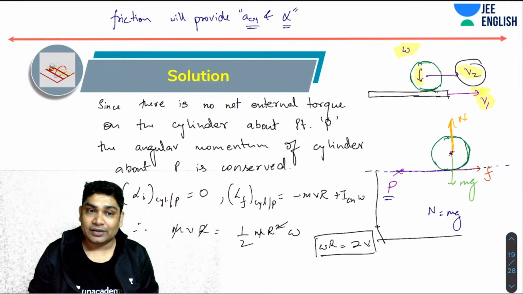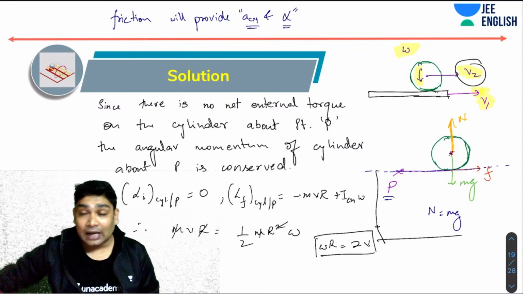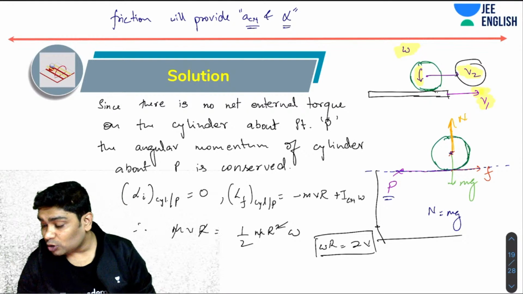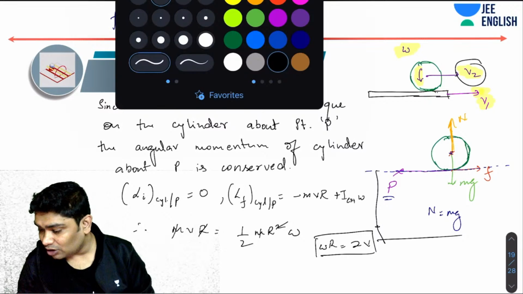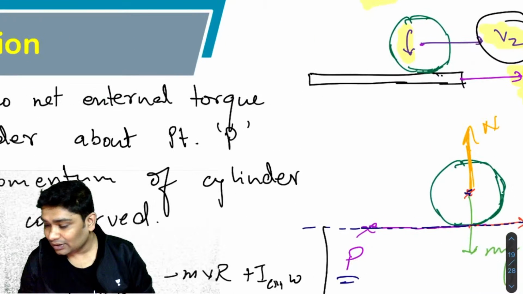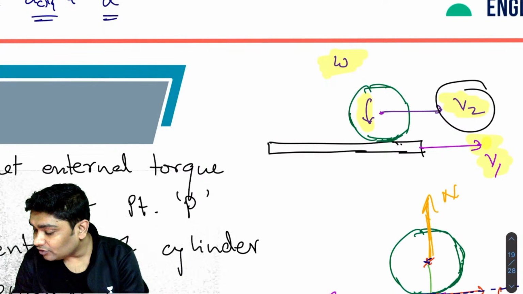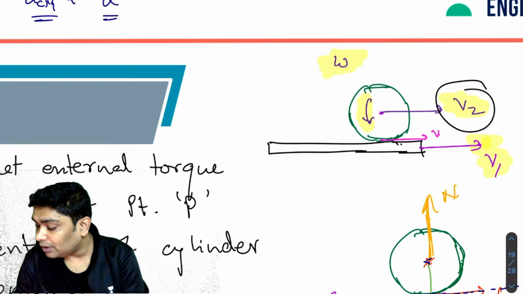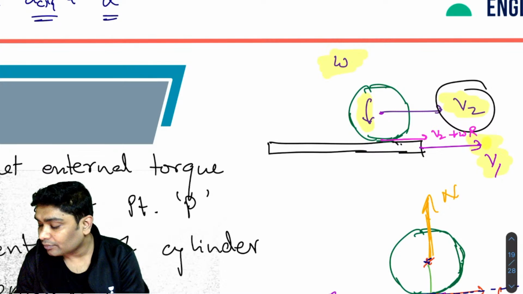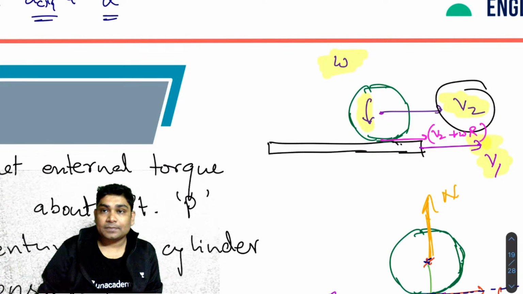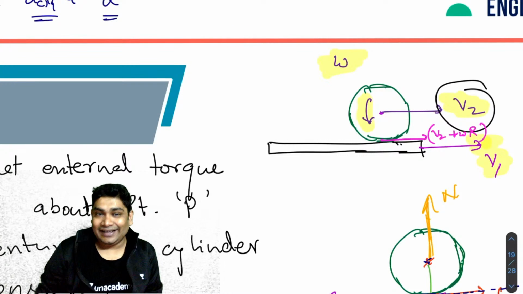Omega r is 2v. Now, how about the velocity of the bottommost point? Let's focus on the bottommost point now. What is its velocity? How fast is it moving? Its velocity will be v2 plus omega r. Is this making sense?